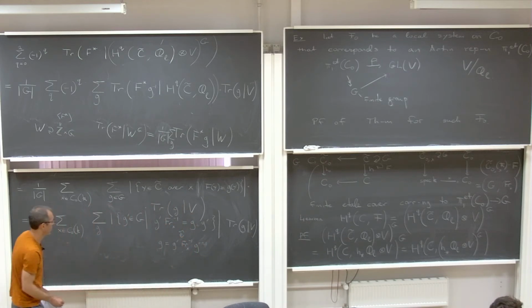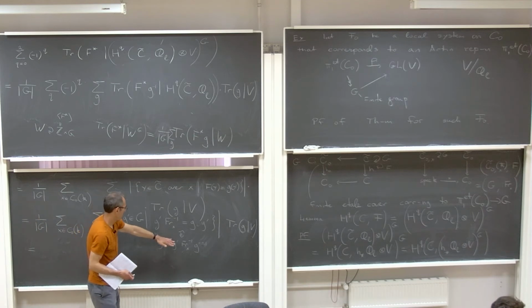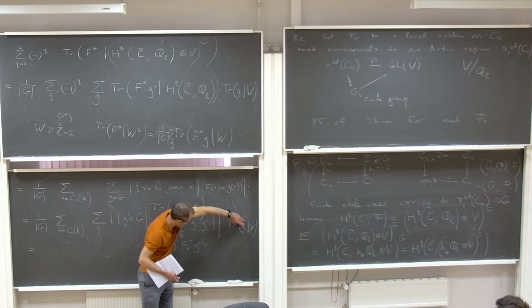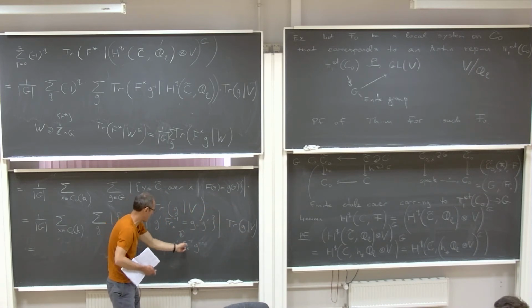So I'm taking the sum over all G and G prime with this property, and so traces of G. But the traces of conjugate matrices are the same.